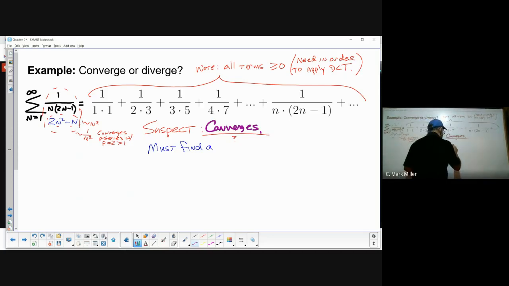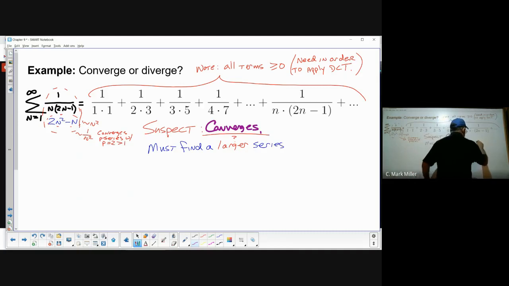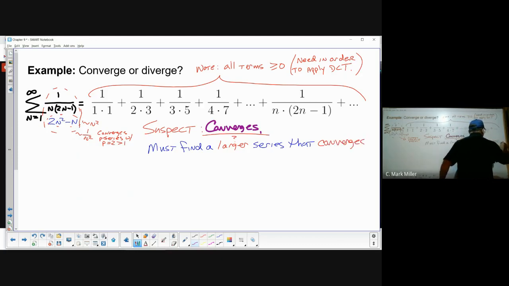Let's find a larger series that converges. Question.